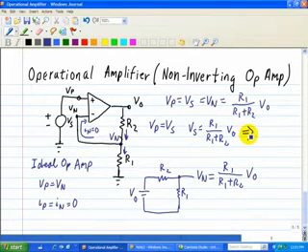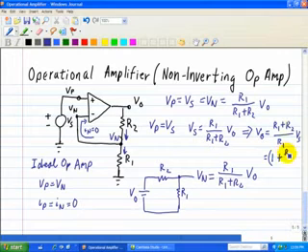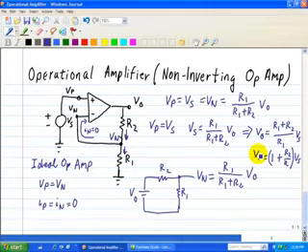But that implies that VO is equal to R1 plus R2 divided by R1 times Vs. Well, that is 1 plus R2 over R1 times Vs. Okay, so that's our resulting output in terms of our input Vs right here, and it's just a function of our external resistors R2 and R1.